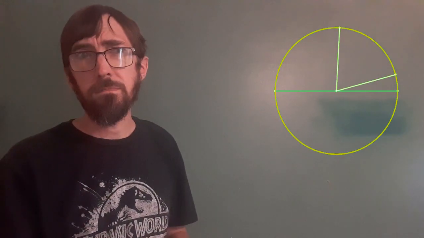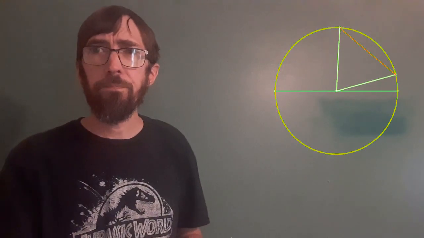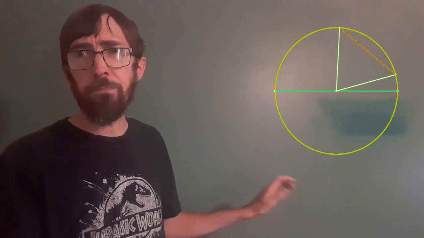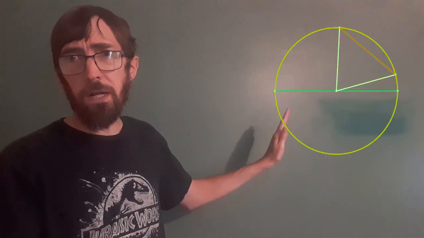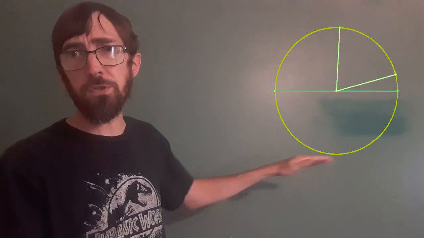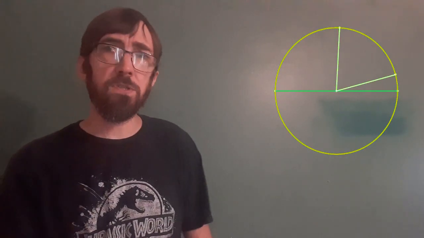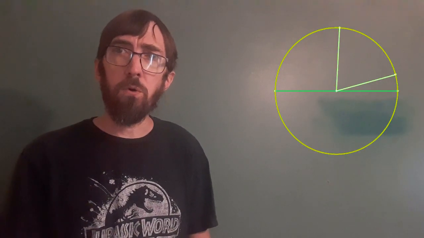But we want to have a sector defined. We want the intersection of the central angle with the circumference of the circle. If we notice in this diagram that the central angle, each ray of that from the center of the circle to the circumference of the circle, is merely a radius of the circle.